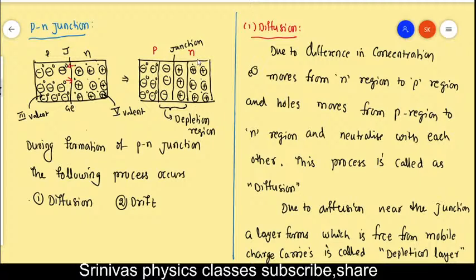Why do all the positive ions not form in the N region and all the negative ions in the P region? Can you write in the chat box?